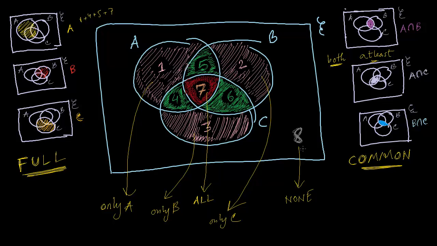So these are none. Now the remaining 3 regions, 4, 5 and 6, denote only.